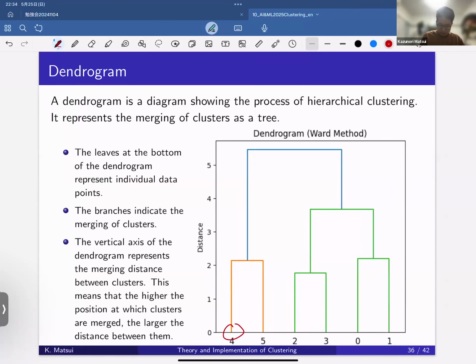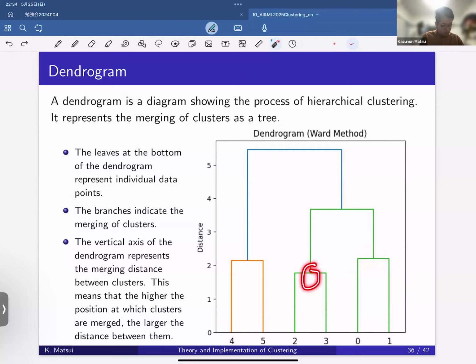The leaves at the bottom of the dendrogram, so this part, represent individual data points. For example, in this figure, each leaf represents the data points from 0 to 5. And these branches indicate the merging of clusters.